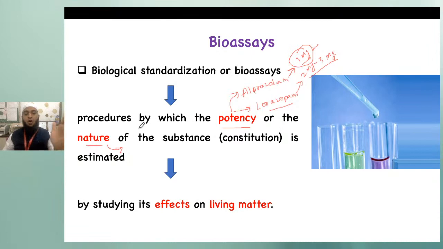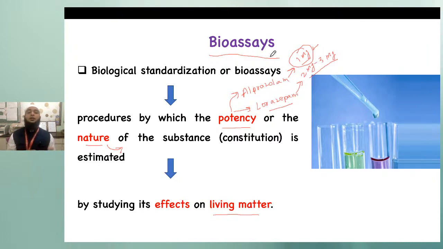These are all effects you will come to know with the help of the assay that you are doing on the living system or living matter, and these assays are called bioassay, isn't it? What did you do in chemical assay, in the case of titrimetric assay? You tried to understand how many ml of NaOH or HCl is required to come to the end point.